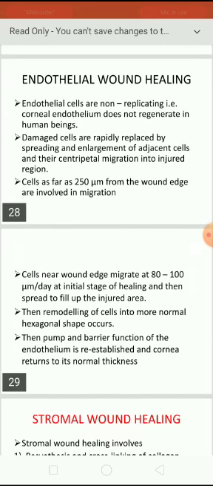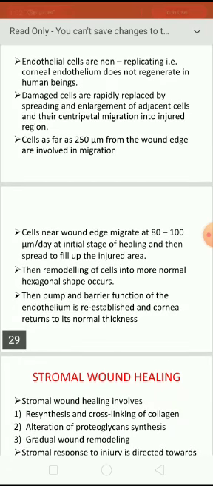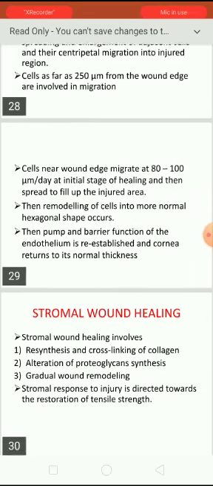The cells near the wound edge migrate at 80 to 100 micron per day at the initial stage of healing and then spread to fill up the injured area. Then remodeling of cells into the more normal hexagonal shape occurs. Then the pump and barrier function of the endothelium is re-established and the cornea returns to its normal thickness.